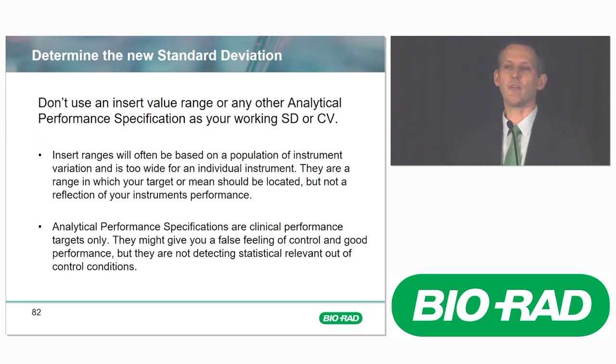One of the things I like best is looking at the Levey-Jennings. And when you look at the Levey-Jennings and you see, for example, that all your data points are between -1 and 1 standard deviation, guess what's going on? Your limits are way too wide. Some labs tell me, oh, we never have any problem with this test.